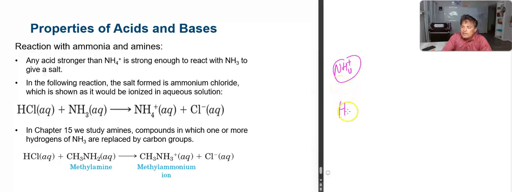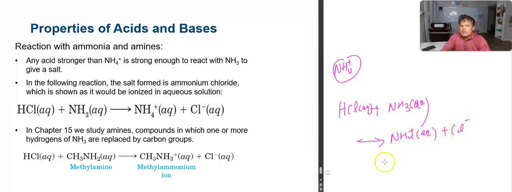For example HCl, of course it is stronger, plus NH3, all aqueous. I am not writing aqueous here, remember aqueous means by default that it is soluble in water. So NH4+ aqueous plus Cl minus, done. Let's see another one, for example methylamine, giving methylammonium ion plus chloride. This is the reaction with ammonia if the acid is stronger.